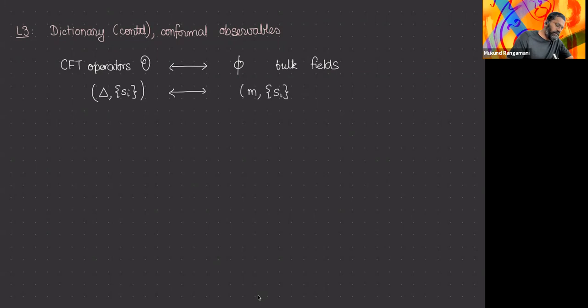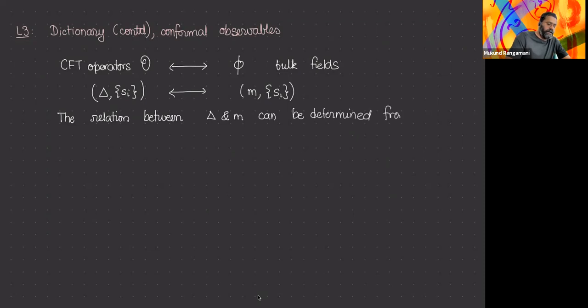Masses and spin map to conformal dimensions and spins. And the relation between delta and M can be determined from just the Gaussian limit.